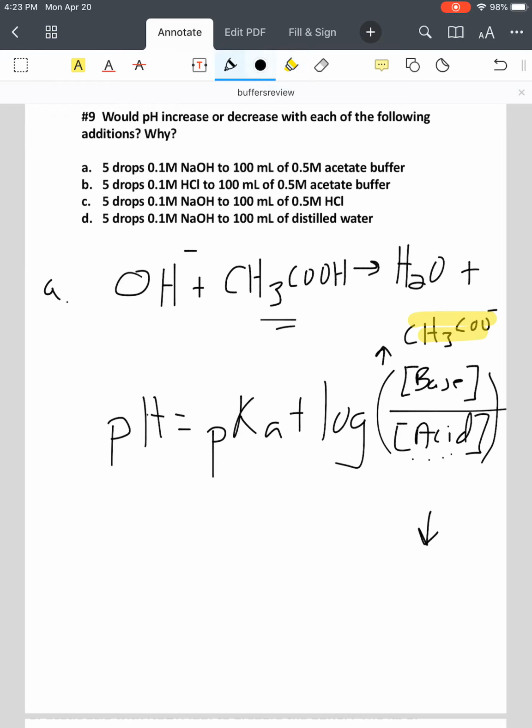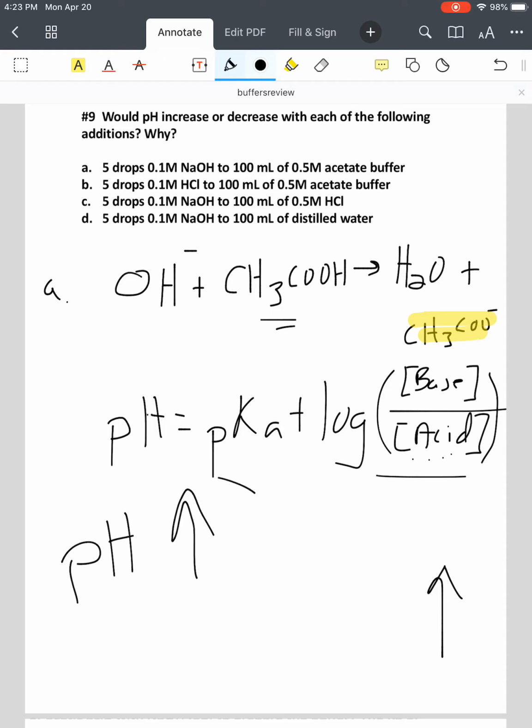So in general, the ratio on the far right will experience a significant increase in magnitude, won't it? When we add the hydroxide. So what that's going to do for us is it's going to make this term bigger on the far right. We're going to add a larger number to the pKa, and the pH will rise.